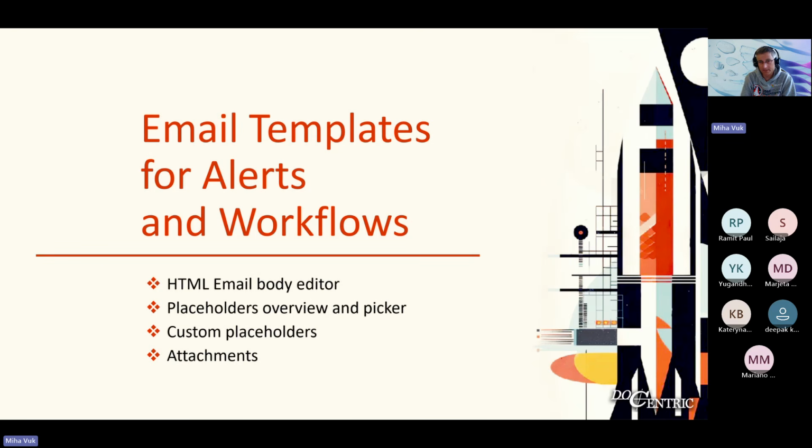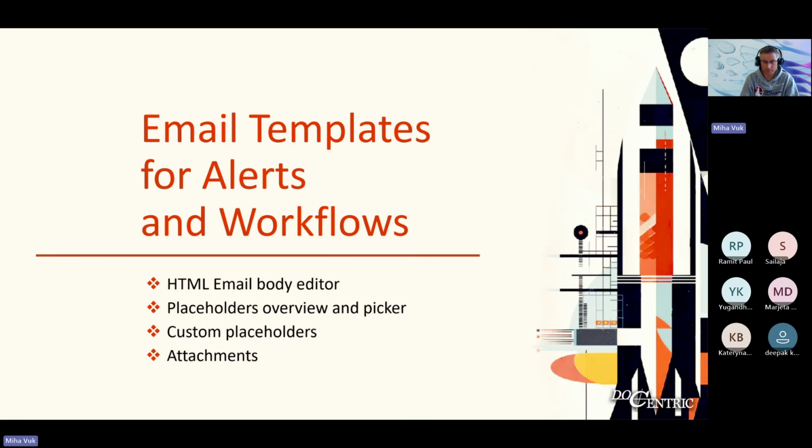We support something similar also for the standard email templates, so system email templates and organizational email templates that are used for alerts, workflows, and also in some other parts of the application, for example, retail notifications and also others.